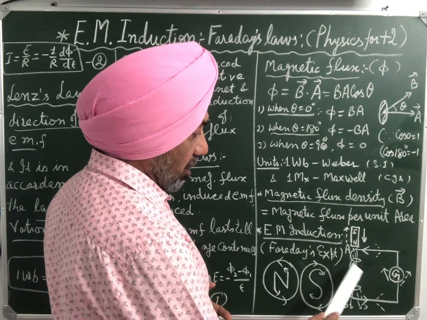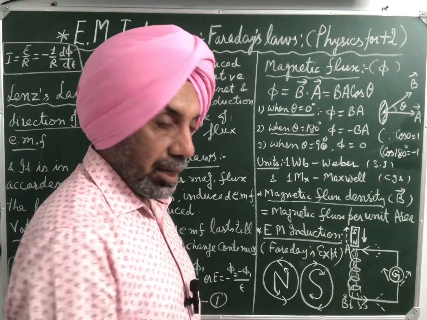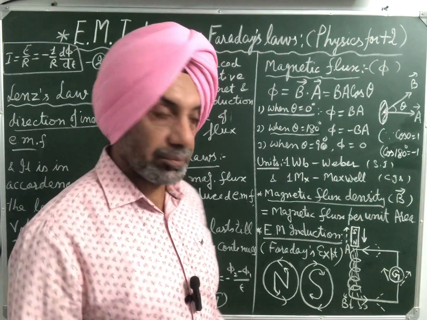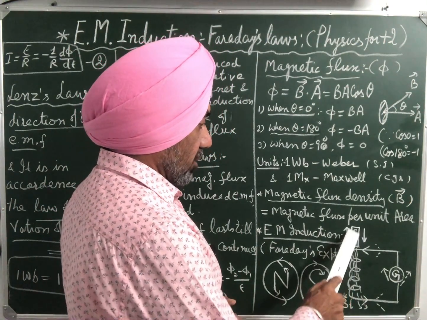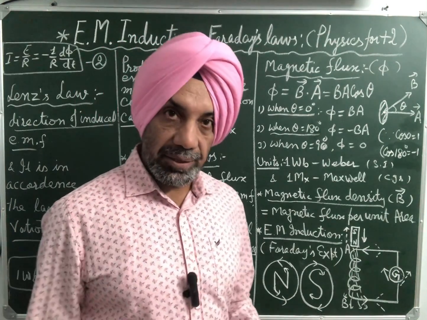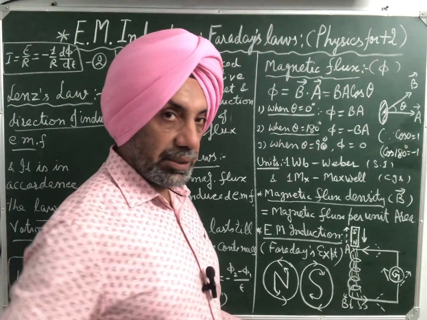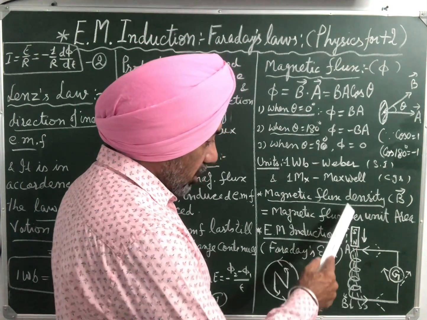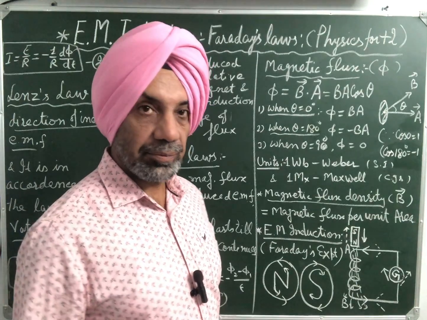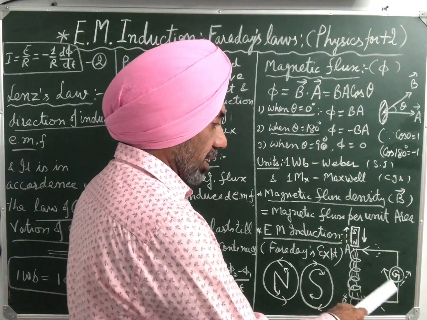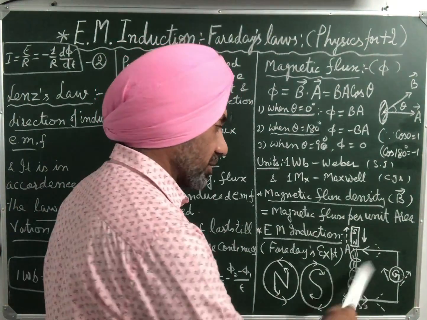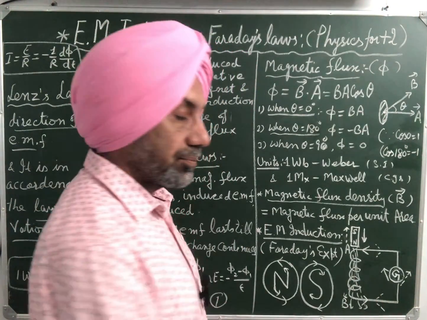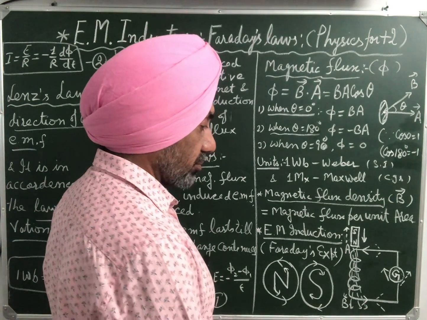It consists of a coil AB connected to a sensitive galvanometer, and when a bar magnet, say with north pole downward, is moved towards the coil, you will see the galvanometer gives deflection, say towards left, and current is anti-clockwise through the coil.